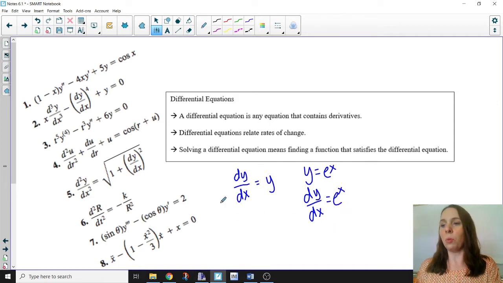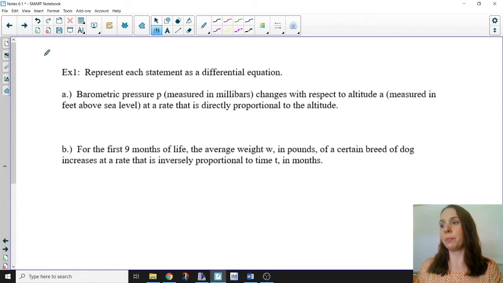And that works here, right? e to the x equals e to the x. I'm basically plugging in these pieces to show that it works. Okay, so that is something that you can think about as you're working with these equations. When you solve, does it work in the original equation that you were looking at?